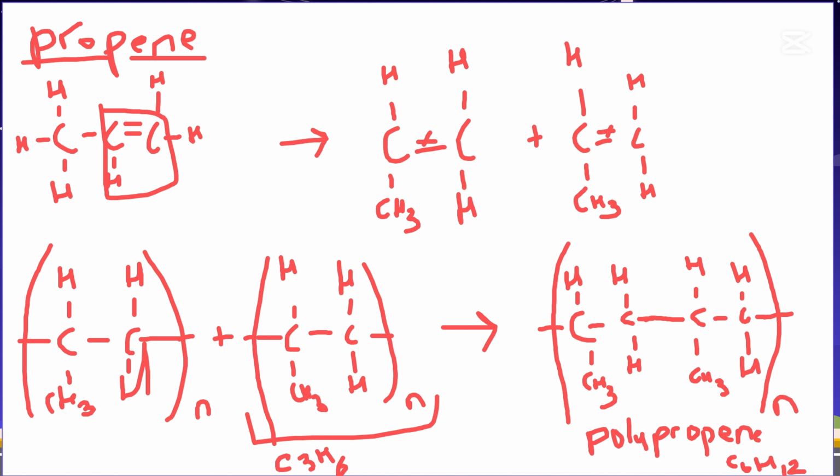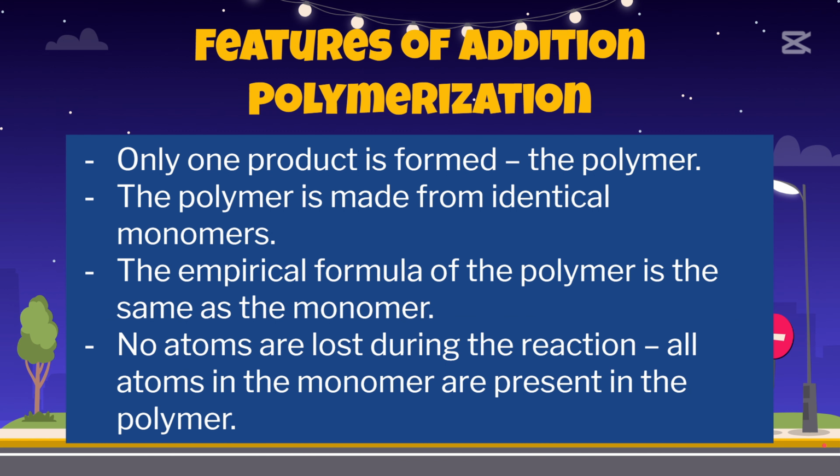Right, and if we were to write the empirical formula, which is the simplest whole number ratio of the molecular formula, for this one it would be, of course, 3 into 3 goes 1 and 3 into 6 goes 2, so it's going to be CH2 for the empirical formula. This one, 6 into 6 goes 1 and 6 into 12 goes 2, so it's also going to be CH2. So we can therefore say that the empirical formula of the monomer and the polymer are the same.